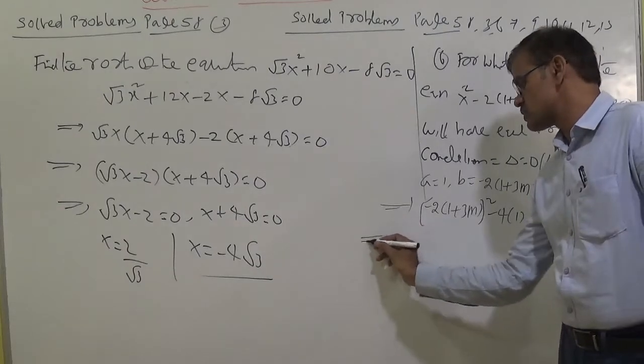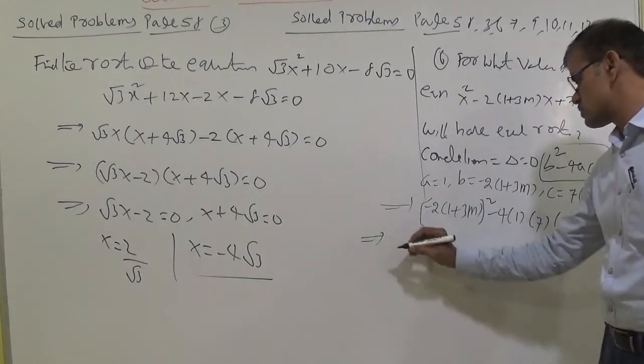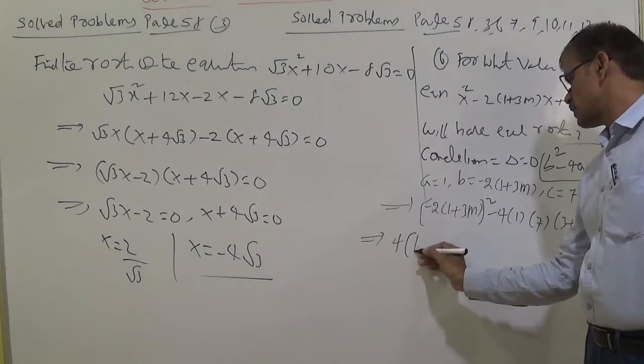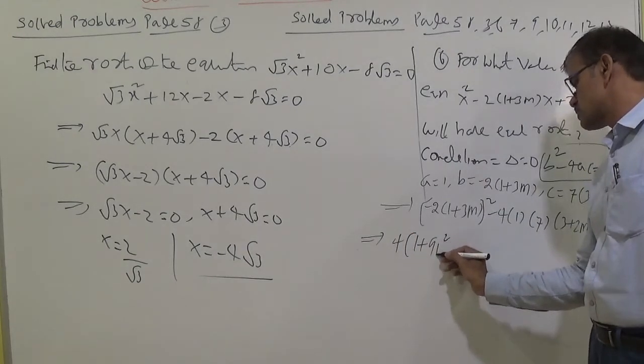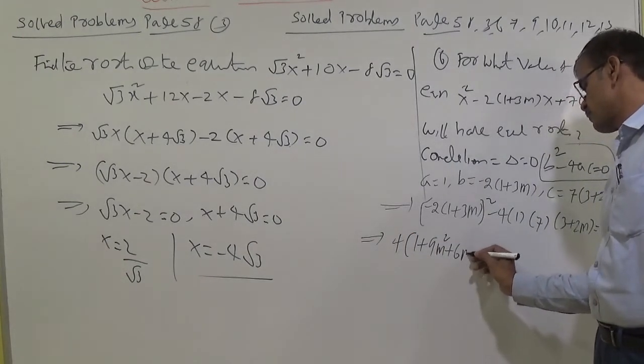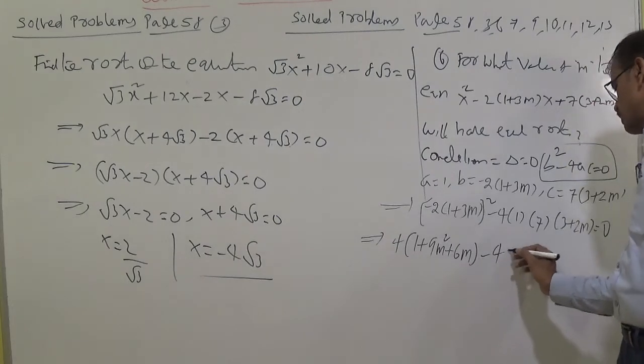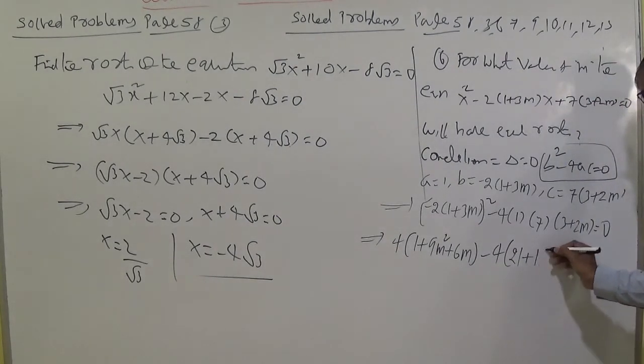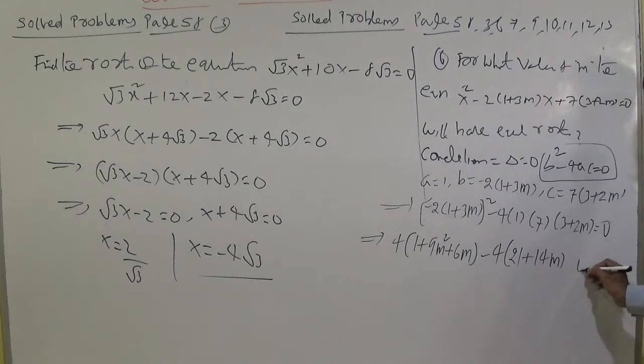That implies minus 2 whole square becomes 4. 4 into 1 plus 9m square plus 6m, minus 4 into, multiplying with 7, it becomes 21 plus 14m, equal to 0.